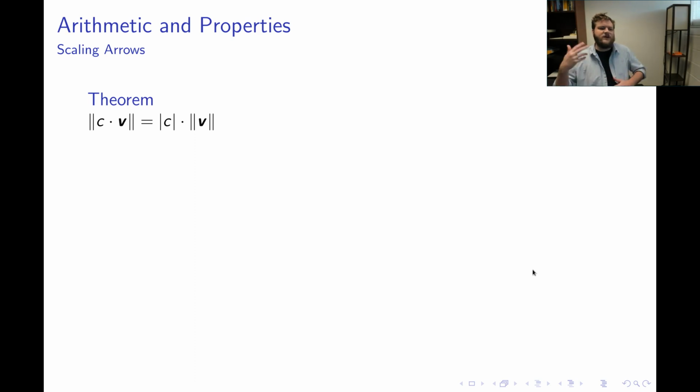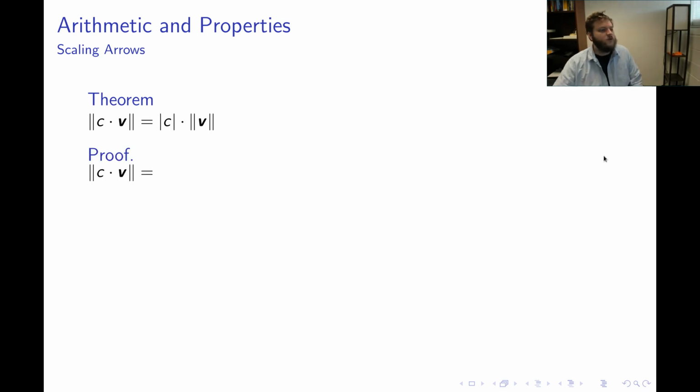Now let's try to derive some properties of the theory that we've developed so far. One important property is this theorem, which tells us how scalar vector multiplication interacts with this notion of length. This theorem is telling us that if I took the length of a vector v that's been scaled by a factor of c, that's the same thing as the original vector v's length scaled by the absolute value of this scalar c.